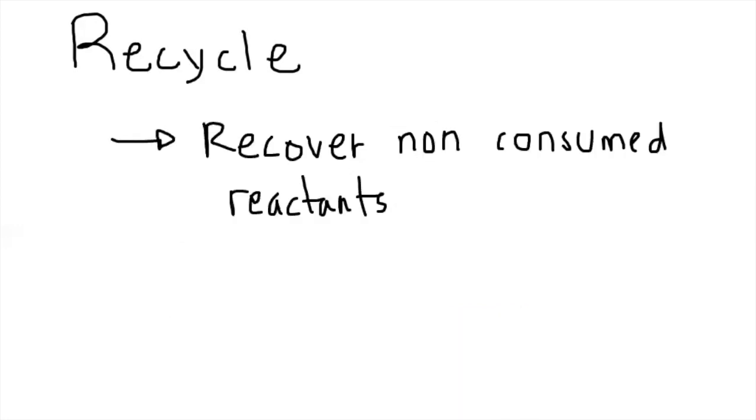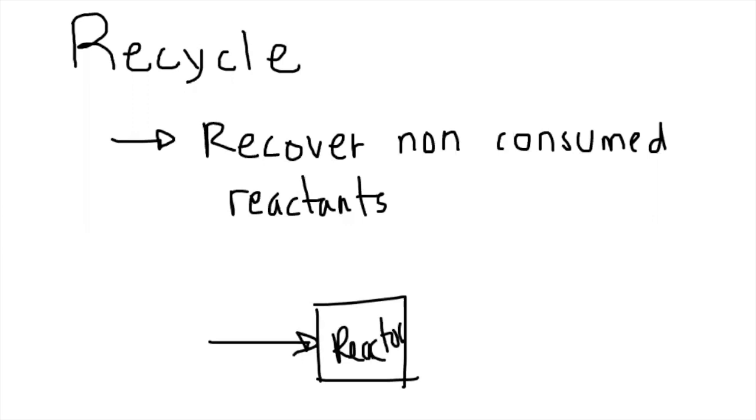We can use the recycle in order to recover reactants that are non-consumed. Let's say that we're going to input two streams into a reactor, right? And we're going to obtain something that is the reaction. Probably we're going to separate this into components, right?